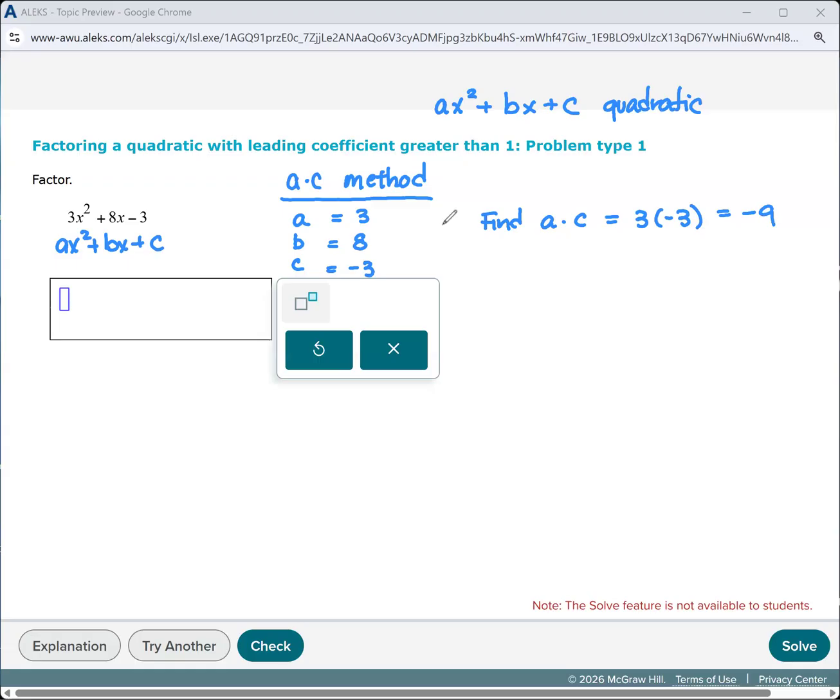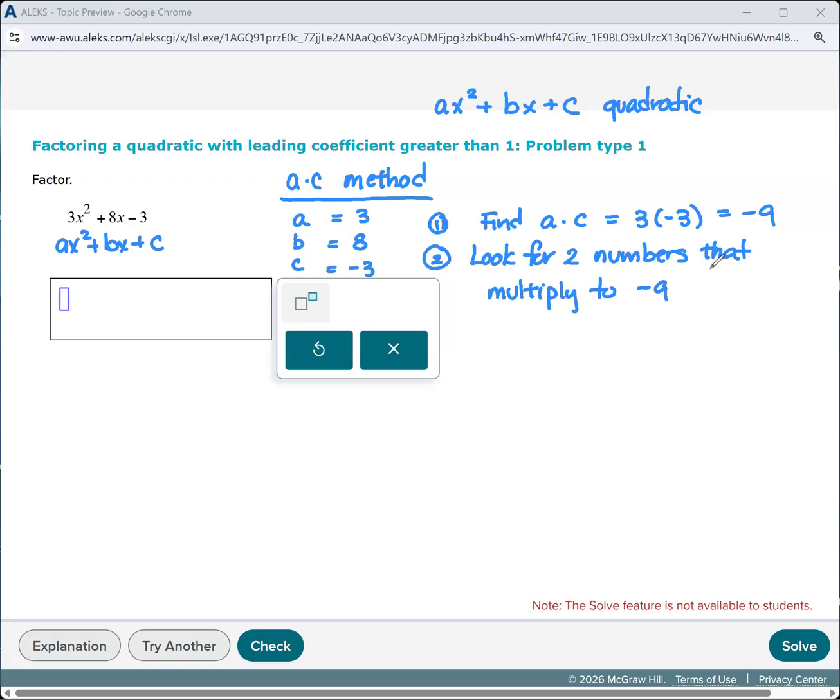Then I'm going to look for factors, or two numbers, that multiply to negative 9, and they have to add up to b.